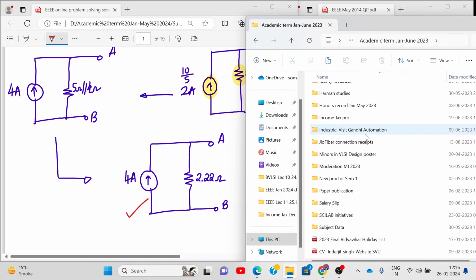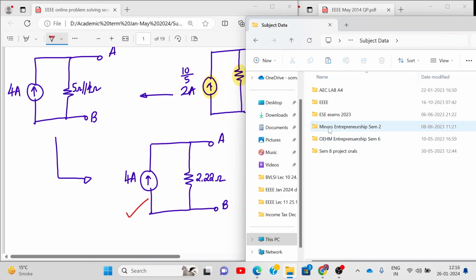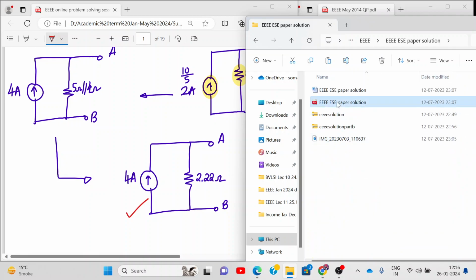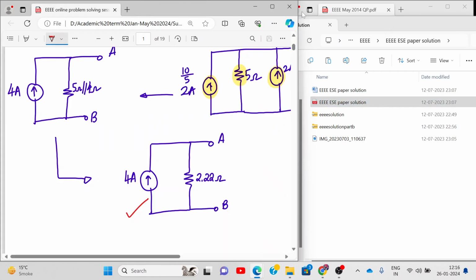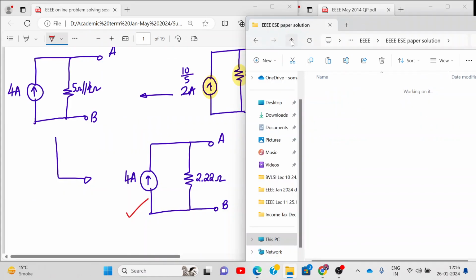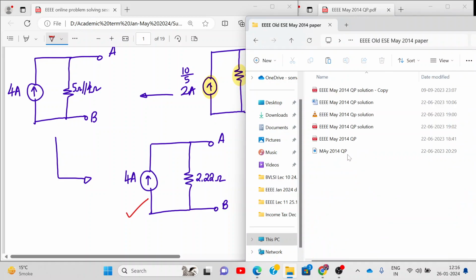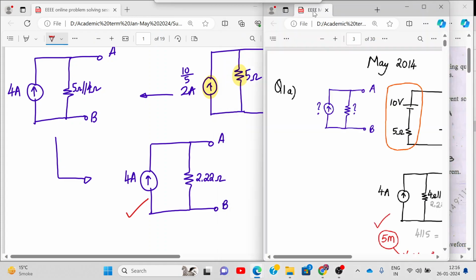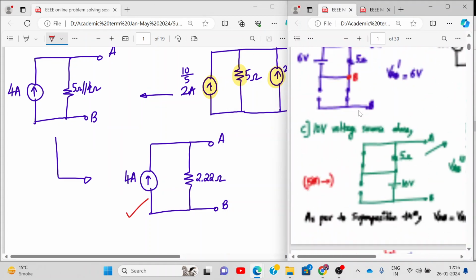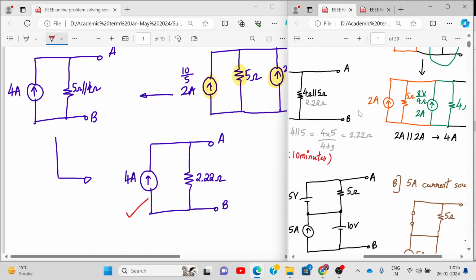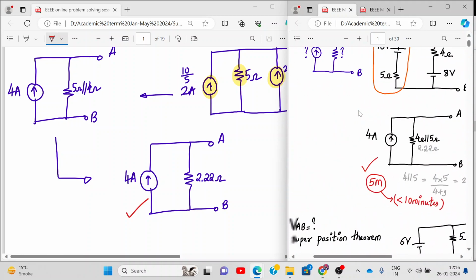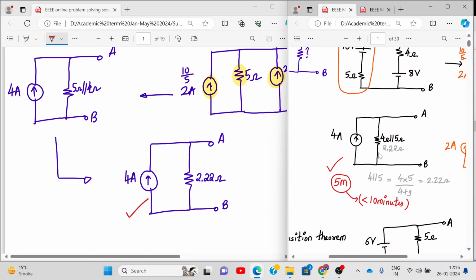Everyone got the answer. Can we move on to the next one now? Yes? Yeah, I got this. ESE old paper, yeah, this one. Here is the paper, right? Let's check the answer. Yeah, 4 ampere in parallel to 2.22. So this is correct.